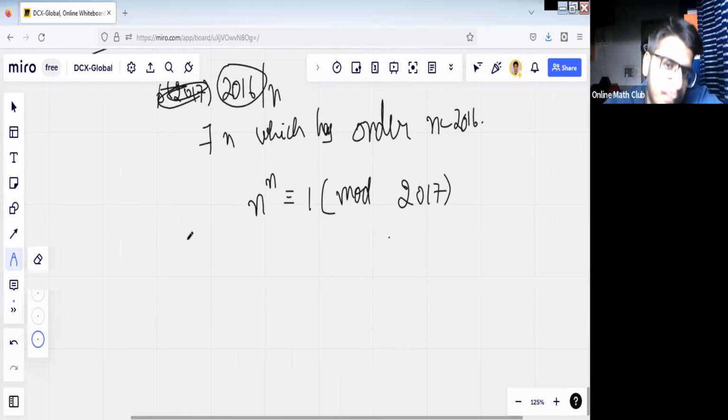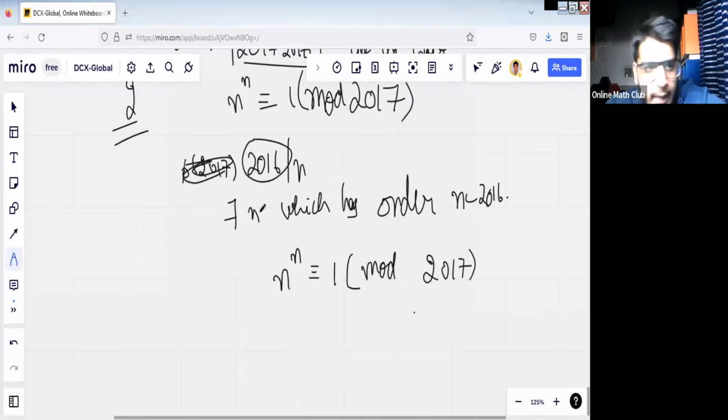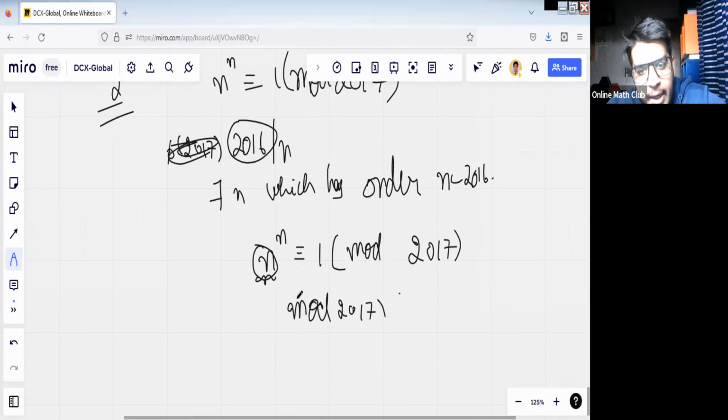One thing to consider is, why do you have 2017 times 2016? That is a valid thing to think of, right? Notice that when you vary the base, this n is in a cycle of modulo 2017. If you consider n plus 2017, that is the same as n mod 2017.